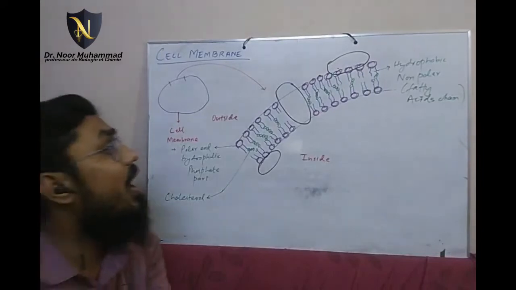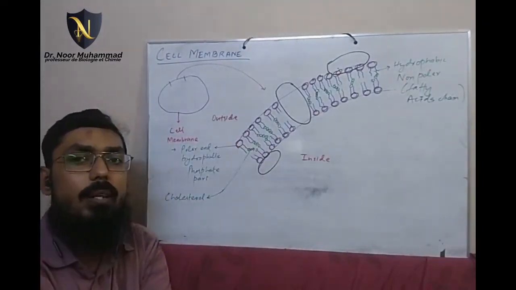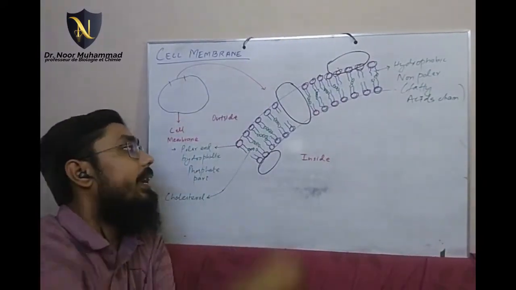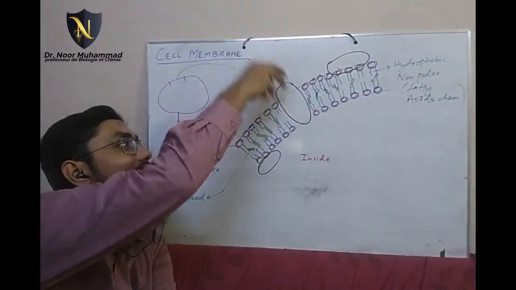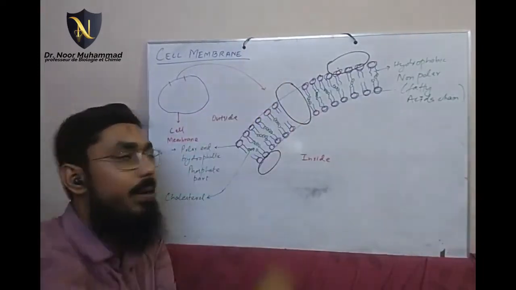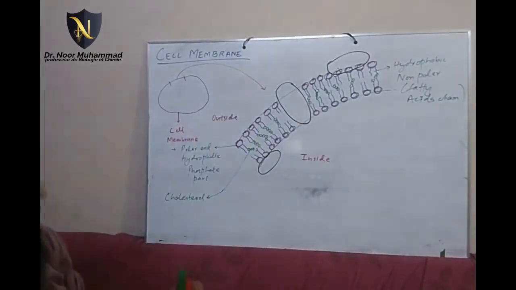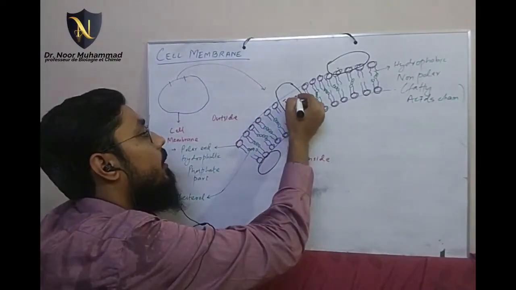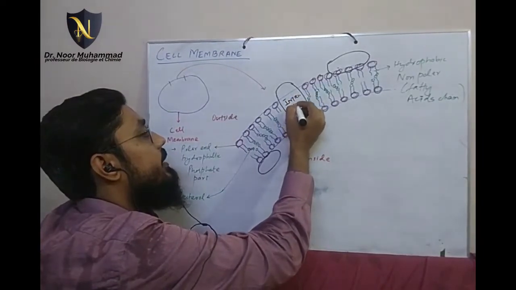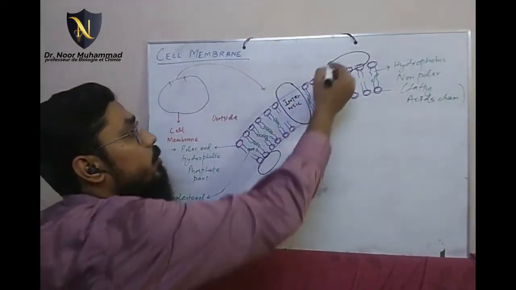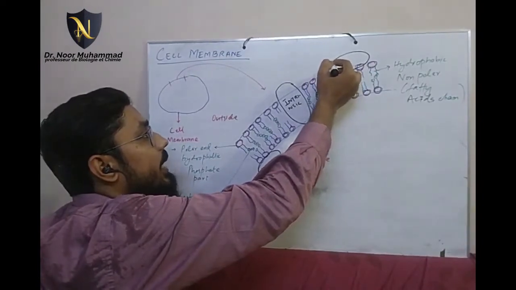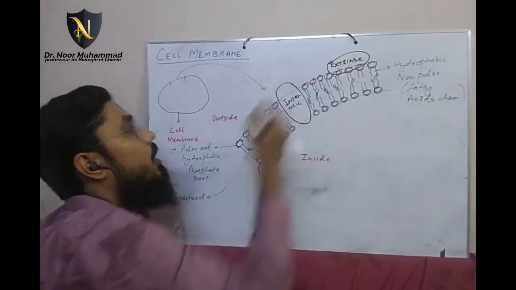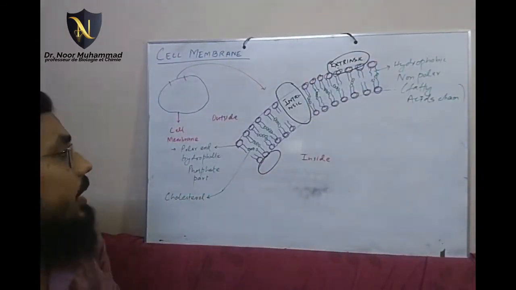There are a large number of these type of protein molecules, and you can see in my diagram that there are two kinds actually. एक वो protein molecules हैं, they are completely embedded in the structure of the lipid membrane, and we call them intrinsic proteins. Whereas those which are just partially attached are called extrinsic proteins.